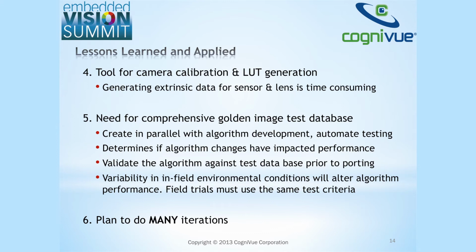And then this requirement for a golden image test database turned out to be something we totally underestimated in the amount of work involved, thinking that we had a robust algorithm at the beginning and not really having that. Part of that came from not having a sufficiently robust test database to work from. So spending a lot of time up front on that test database is really important, and in fact, demanding it from your customers.